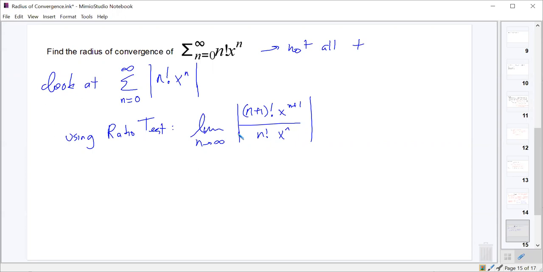Everybody agree with that? Okay. And what does that simplify to? X to the n plus 1 over x to the n is just an x, right? But what about n plus 1 factorial over n factorial?